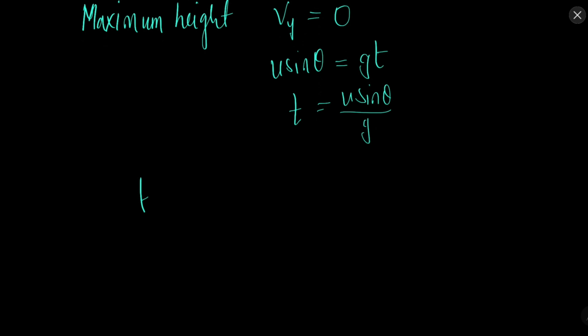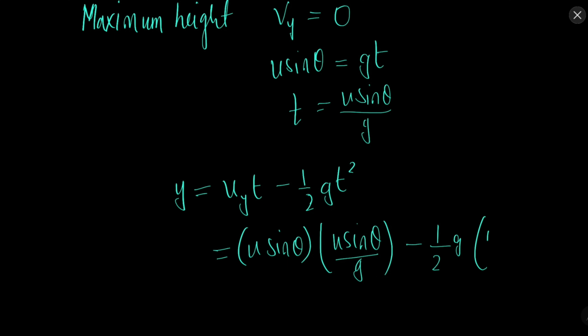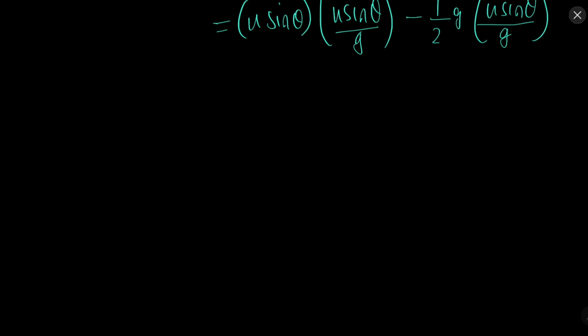Now for maximum height we can write y equals ut sin theta minus half gt square, and time is equal to u sin theta by g. So y equals u sin theta times u sin theta by g, minus half g times u sin theta by g whole square.